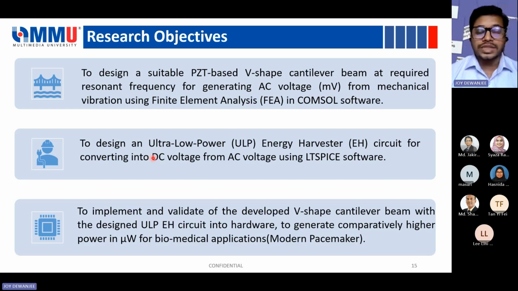The second objective is to design an ultra low power energy harvester circuit for converting AC voltage into DC voltage using LTSPICE software. My third objective is to implement and validate the developed V-shaped cantilever beam with the designed ultra low power energy harvester circuit in hardware to generate comparatively higher power, in microwatts, for biomedical applications as well as modern pacemakers.